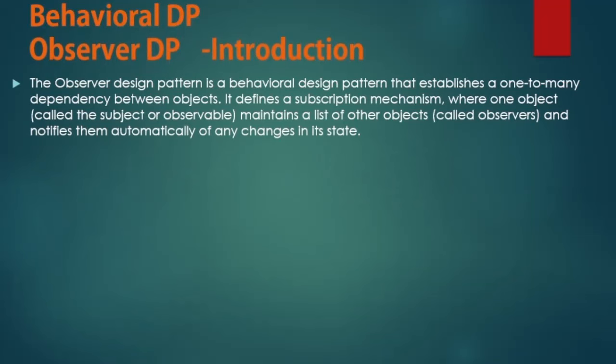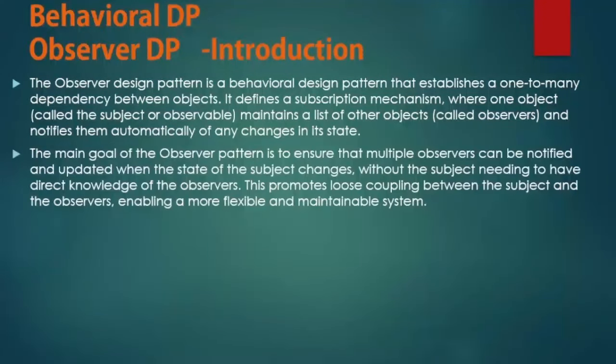The observer design pattern is a behavioral design pattern that establishes a one-to-many dependency between objects. It defines a subscription mechanism where one object, called the subject or observable, maintains a list of other objects called observers and notifies them automatically of any changes in its state.